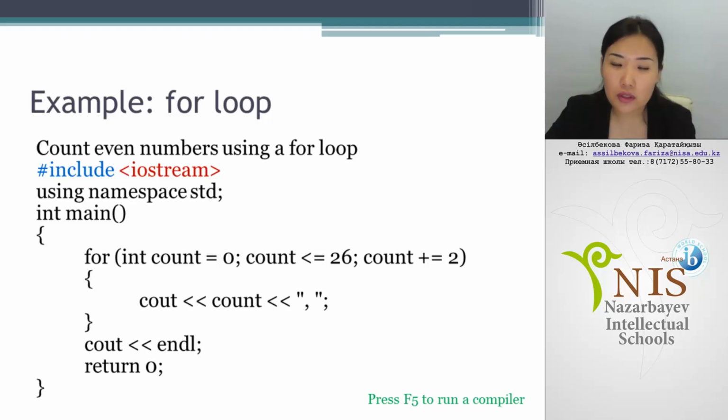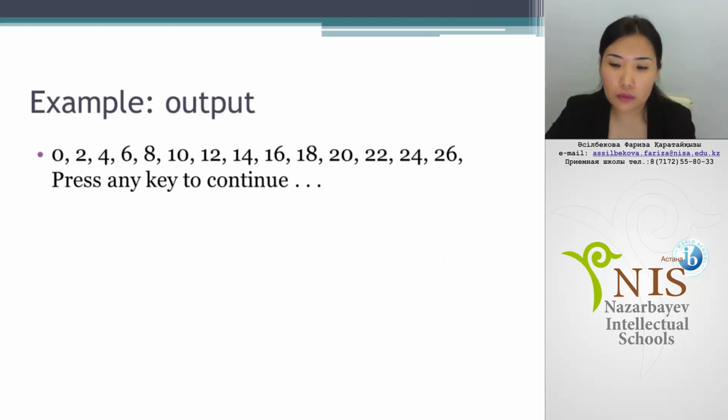If your code is correct, the output will be like that: 0, 2, 4, and so on, all the even numbers until 26.